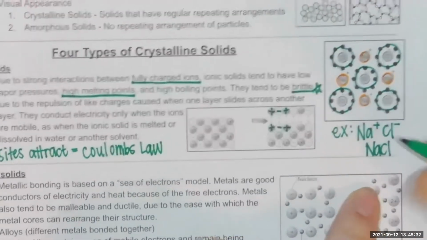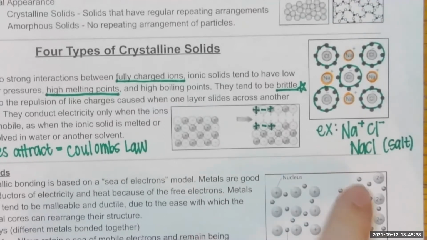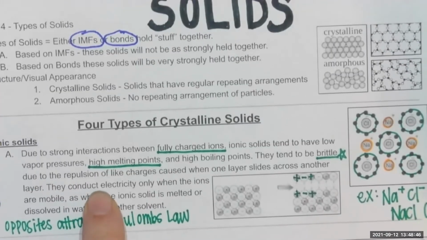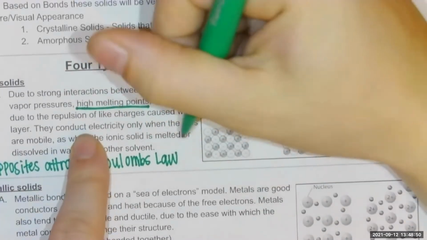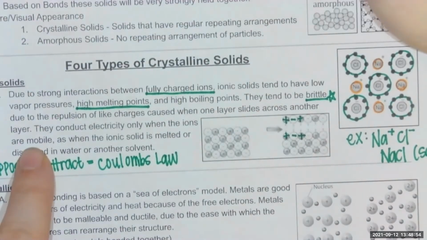Table salt, if you were to try and run electricity through it, that's not going to work very well. Like just salt from the kitchen table. And that's what this is saying. It's not going to conduct electricity unless the ions are mobile and able to move around.